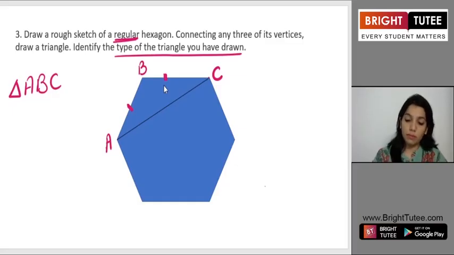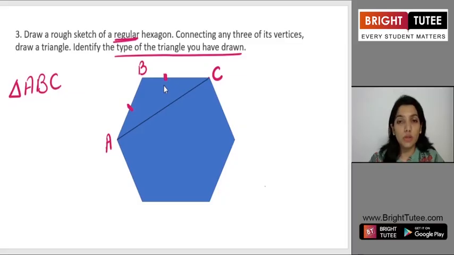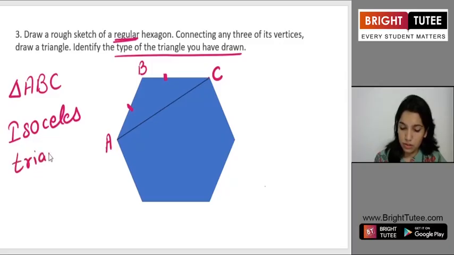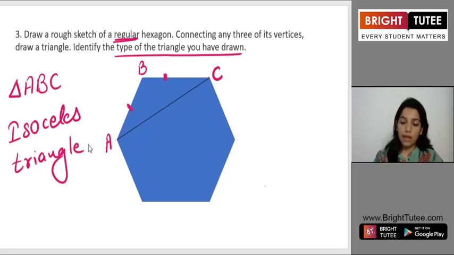There were three different types: equilateral triangle, isosceles triangle, and a scalene triangle, right? So this one here, because it has two sides equal, is an isosceles triangle.